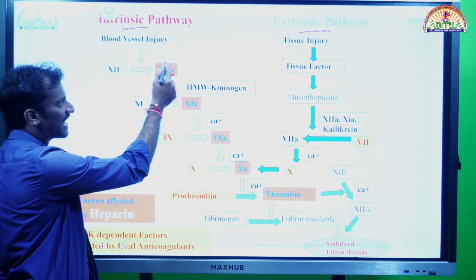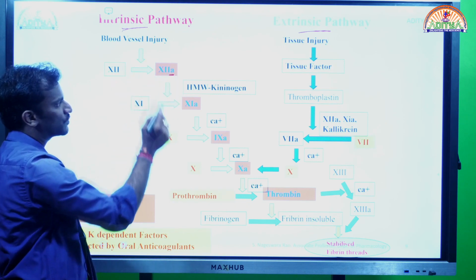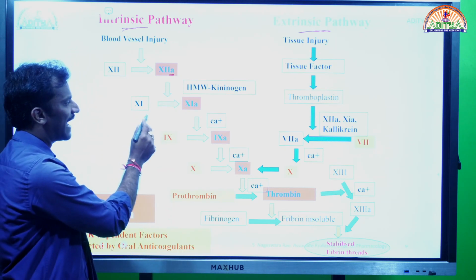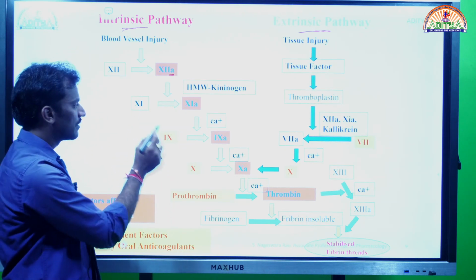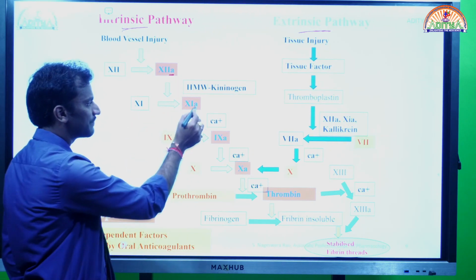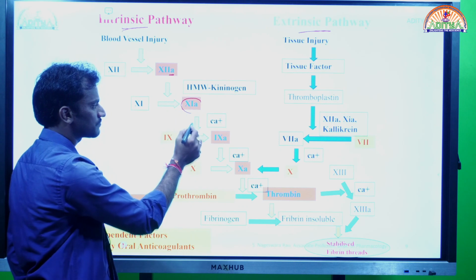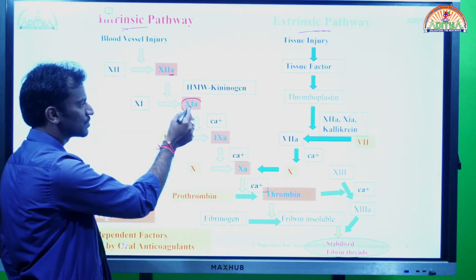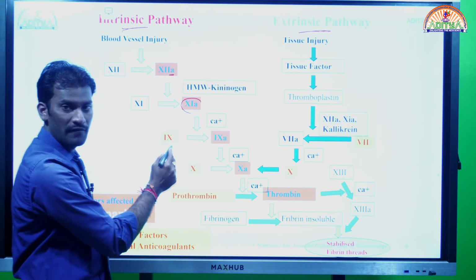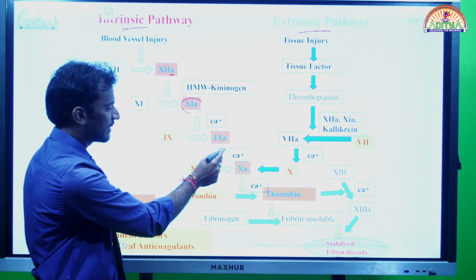Next, the activated form of factor 12 acts as a coenzyme, so that it will activate another factor. Now 11 will be converted to 11A. Again, this acts as a coenzyme for this reaction. So 11A will act as a coenzyme to convert factor 9 into 9A.